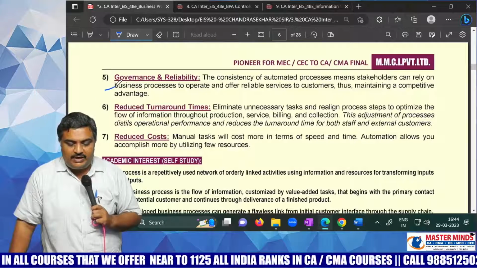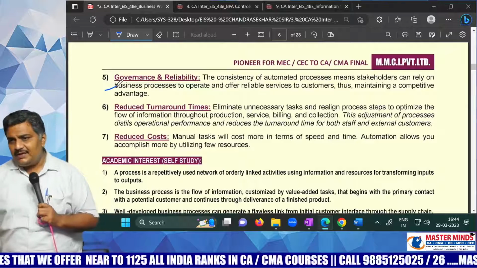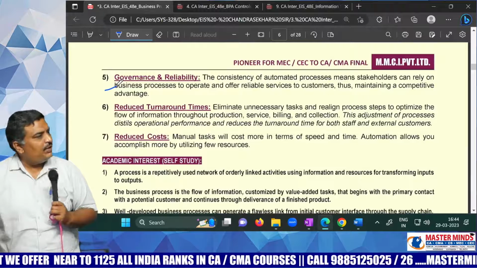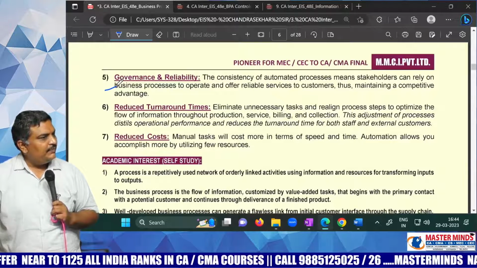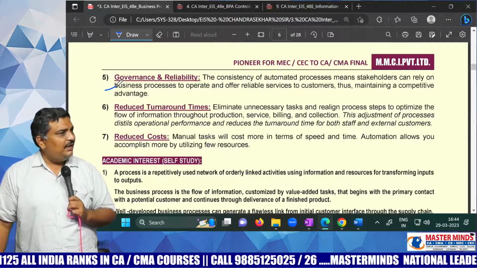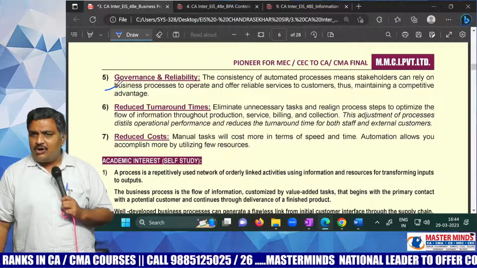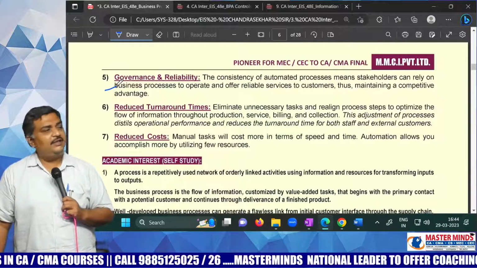And governance and reliability. Governance and reliability of humans is very low. Governance here means control. You cannot control them. They will take a lot of leaves, earned leaves, casual leaves, health leaves, and there are duty timings. If duty timing is 1 hour extra, lot of frustration, stress, strain will be there.